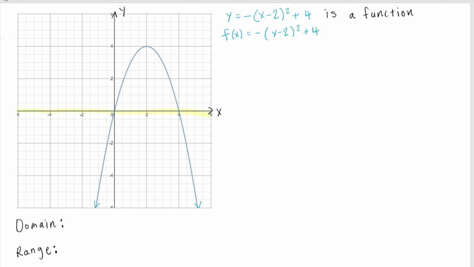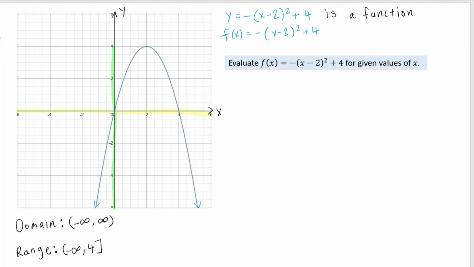The function takes all values of x, so the domain is from negative infinity to infinity. The set of y values goes from negative infinity to 4. So the range is from negative infinity to 4 included.